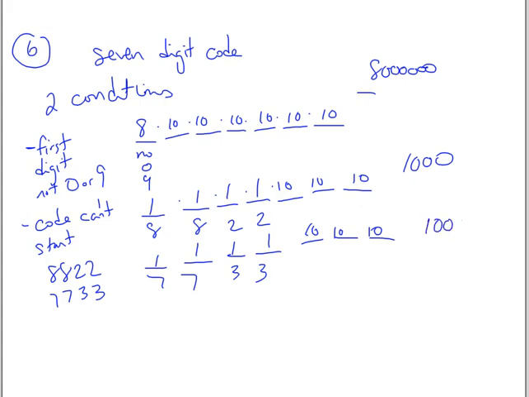So this makes 1,000. We're going to subtract these numbers off. So our final answer is whatever 8 million minus 2,000 is. So we get 7. Oops. Let's put it in the right spot. 7998.